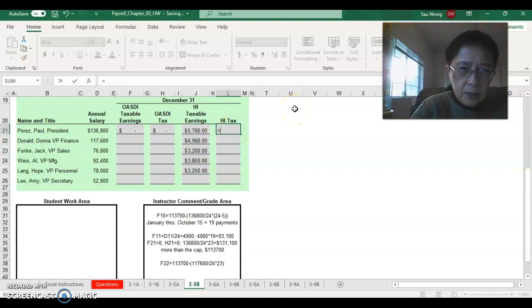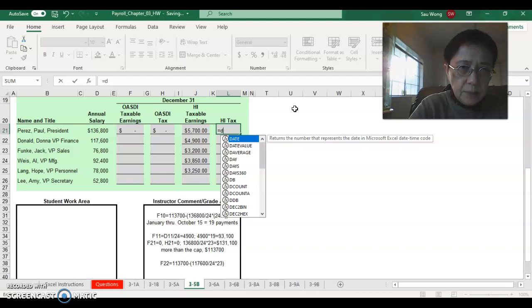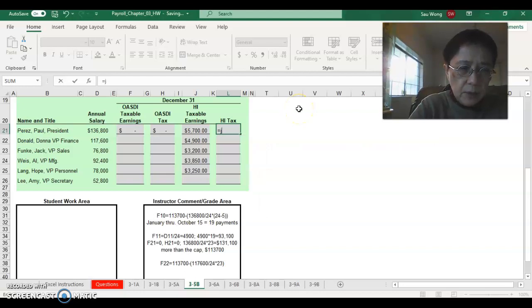And then the HI tax, the Medicare tax for Paul, would be J21 times 1.45%. And then we need to drag it down to copy it.